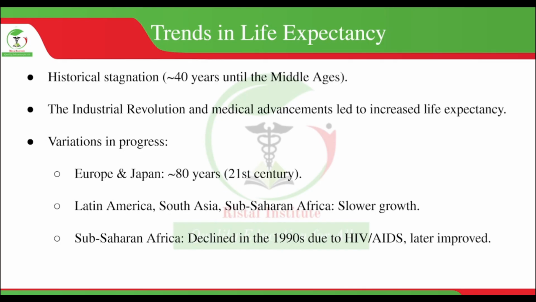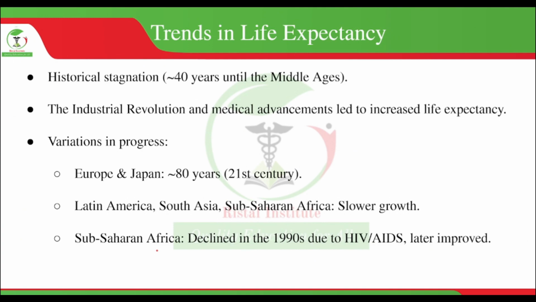So the life expectancy, of course, like we said earlier on, countries that have a high burden of communicable diseases, you will have reduction in the life expectancy. So it should not be surprising that you still have life expectancy in sub-Saharan Africa declining in the early 90s because of HIV.